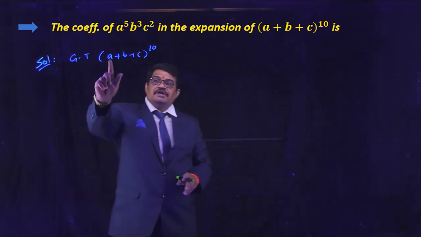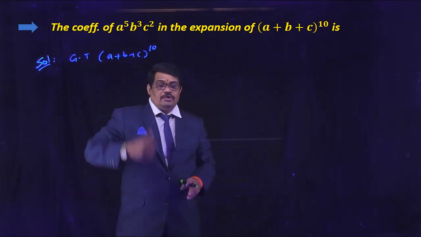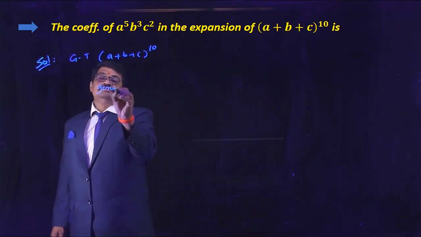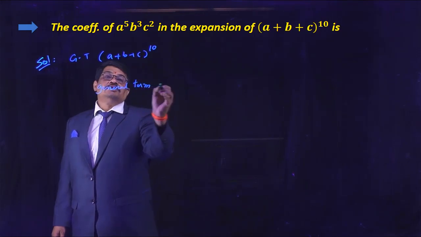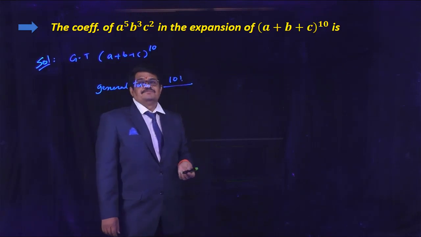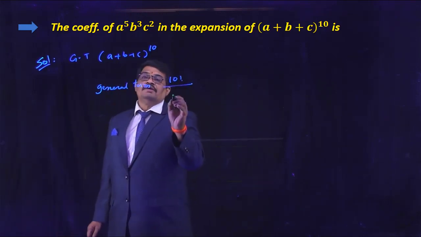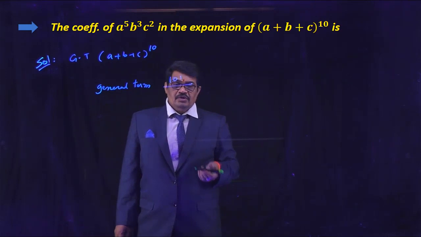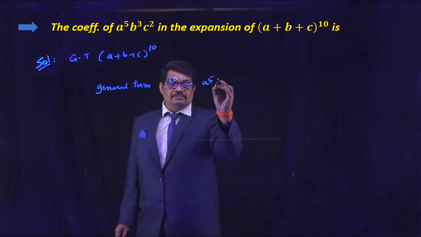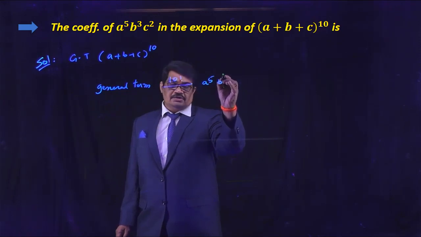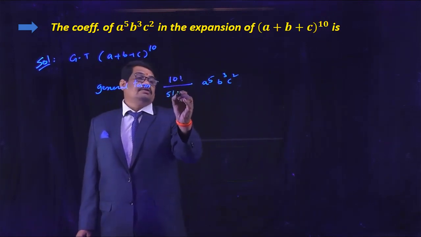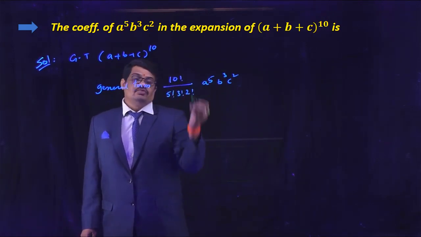The general term is 10 factorial by 5 factorial into 3 factorial into 2 factorial, with a power 5, b power 3 and c square.